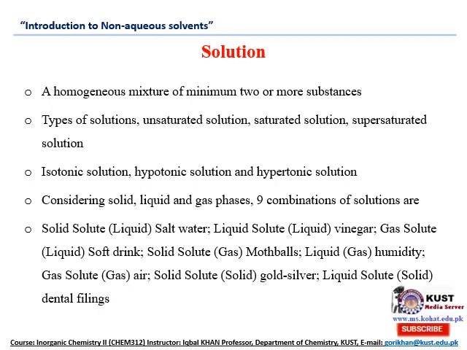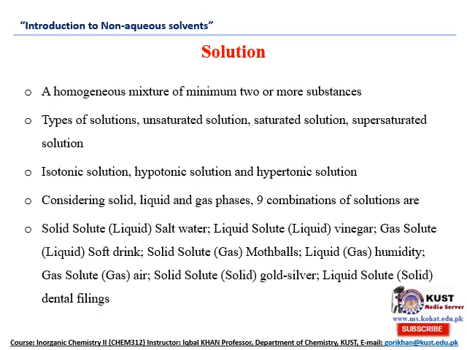Generally, what we have learned so far is that a solution is a homogeneous mixture of two or more substances. Types of solutions: this is from your basic chemistry knowledge.